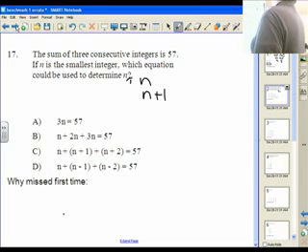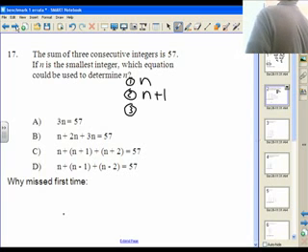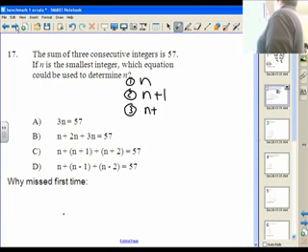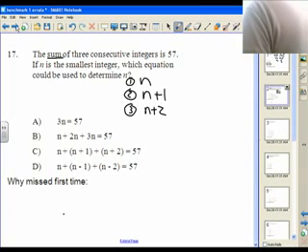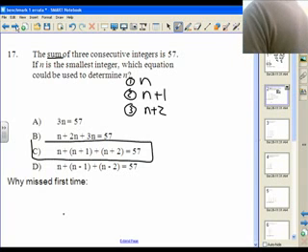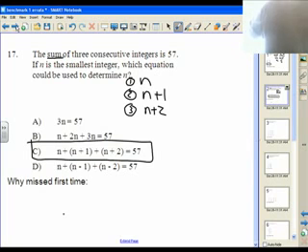So there's the first integer, there's the second integer. The third integer would be n plus 2, and it says the sum, so I just add the 3 up. So letter C would be, so you have n plus 1, plus n plus 2. 3 consecutive integers, because it said the smallest integer was n.